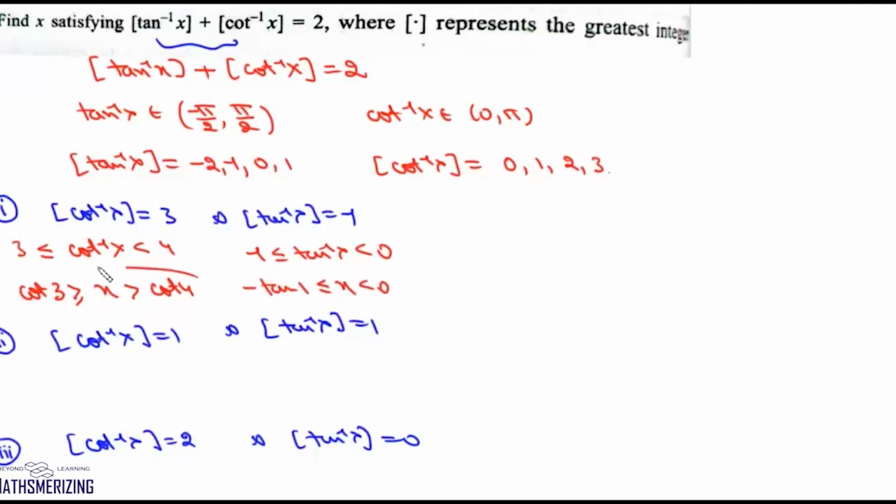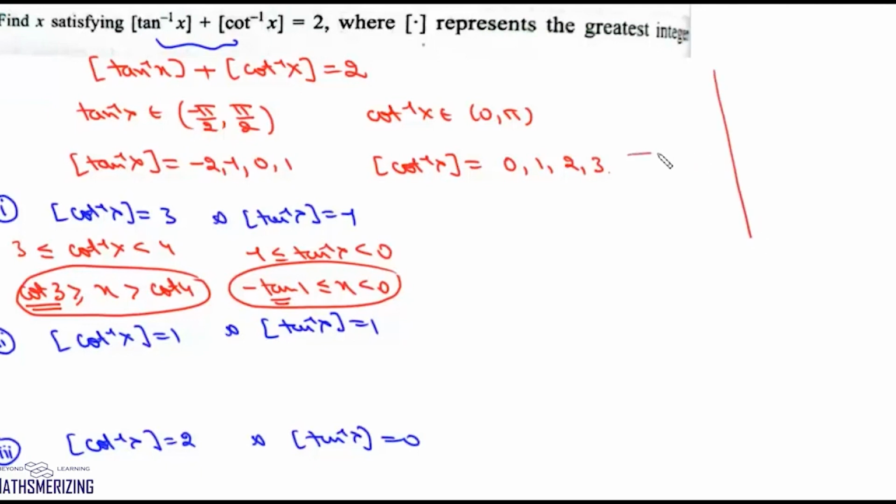Now we'll need to find the simultaneous solution of these two conditions. And for that, we'll need to compare the values of cot 3 and minus tan 1. What we'll do is draw the graph of tan inverse of x and the graph of cot inverse of x. So for tan inverse, we have asymptotes at minus pi by 2 and plus pi by 2. That is the graph of tan inverse of x.